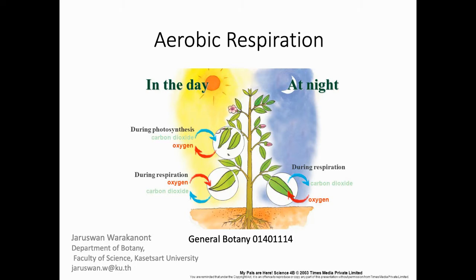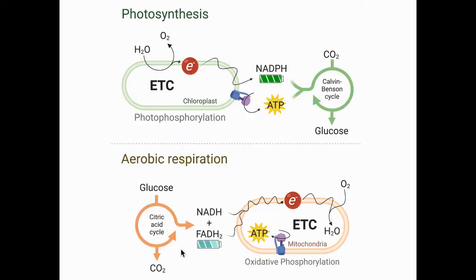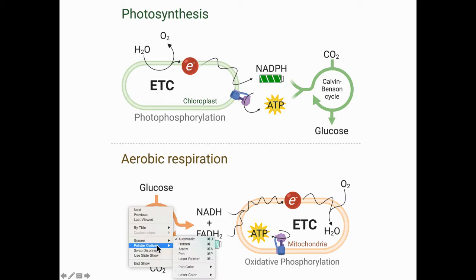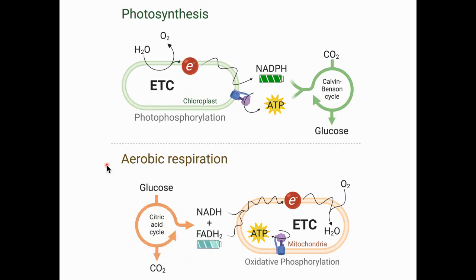Alright, let's compare how respiration and photosynthesis can be compared. So in this screen, I can show you that aerobic respiration is just the reverse process of photosynthesis. What do I mean by that? So photosynthesis, you start with the electron transport chain, or ETC in abbreviation.